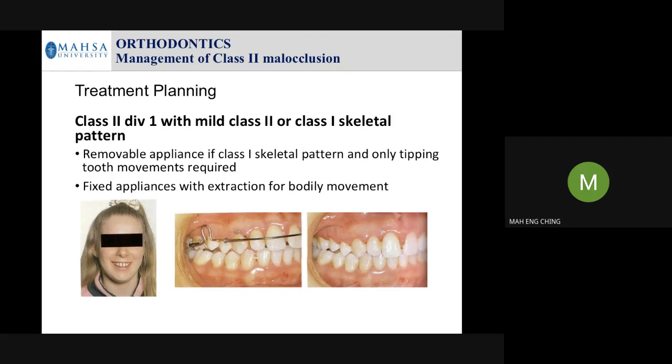So you can use a removable appliance with the class 1 skeletal pattern and only tip the teeth back. By tipping the teeth back, we can get a better oral seal, or the anterior lip can be a bit more competent. Then usually the result will be stable. If not, you can use a fixed appliance with extraction for bodily movement. Let's say you want to move the teeth back so much, then you need to take out the premolars, and it's best to deal with fixed braces.